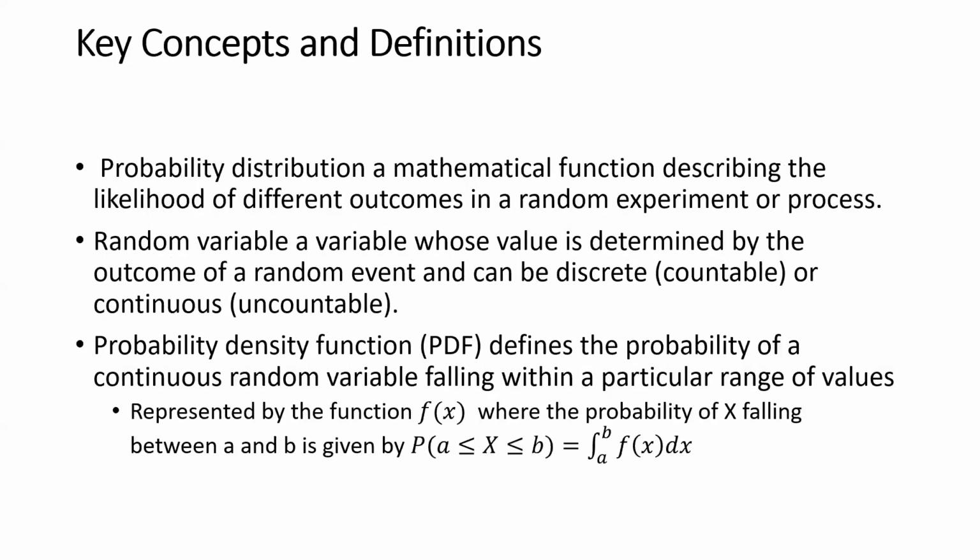Now, key concepts and definitions. A probability distribution is a mathematical function describing the likelihood of different outcomes in a random experiment or process. Let's take one example. Suppose in your room there is an electric bulb, right? When that bulb will short, or when it won't work, no one knows that.